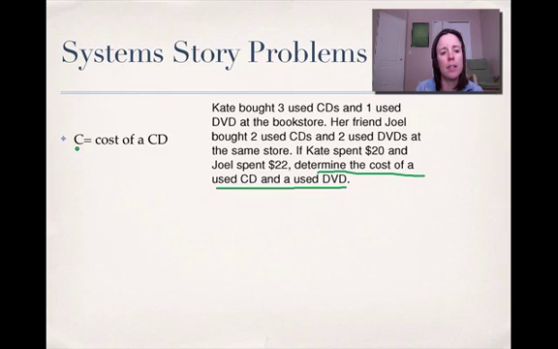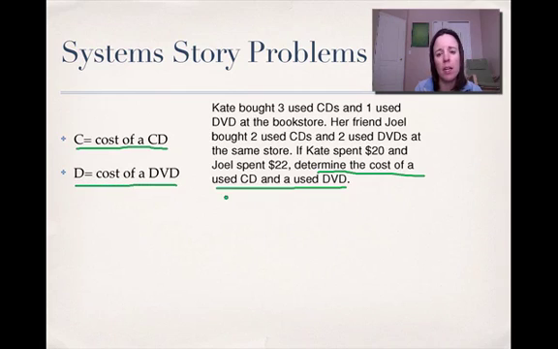So already over here, I've got C equals the cost of a CD and D equals the cost of a DVD. You can use X and Y. I like to use letters that kind of represent what we're talking about. So now we've got Kate. She's buying 3 CDs and 1 DVD.